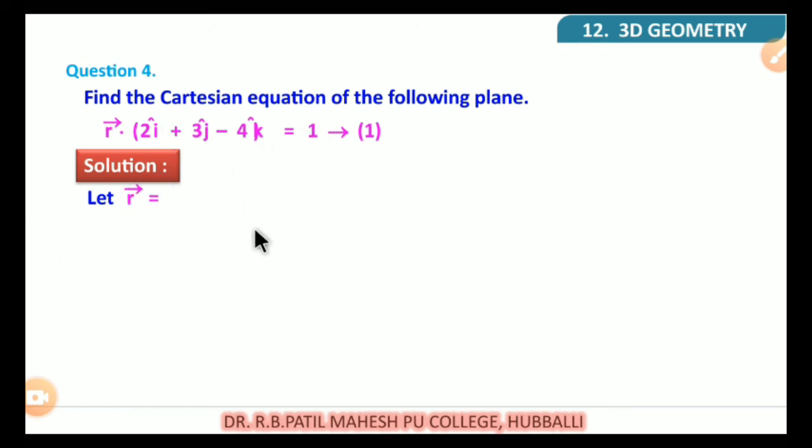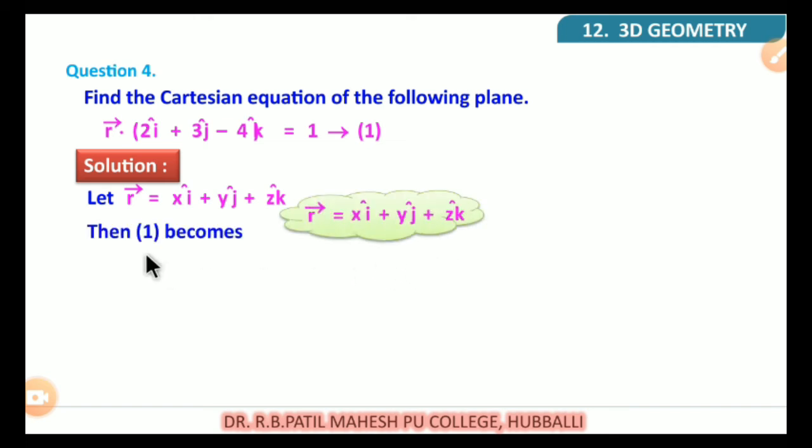Now let r vector be equal to xi plus yj plus zk. Already I have told you in the previous example that r vector is the position vector of the point P which has the coordinates x, y, z. Therefore that r vector can be taken as xi plus yj plus zk.